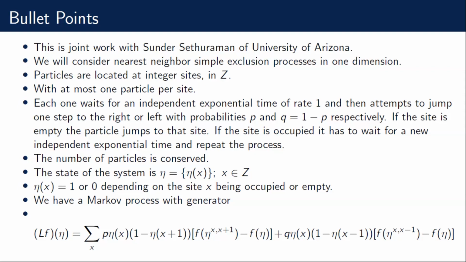If that's the case, there's a probability p that you can jump. Or you can have a jump the other side with probability q if the site to the left is empty. All these possibilities are happening simultaneously. So you have a whole system of particles moving around randomly from time to time.